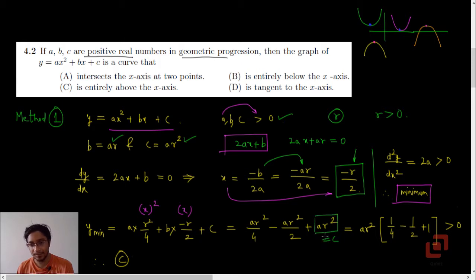So it is going to be ar squared by 4, and because we have the product of b and x, it is ar into minus r upon 2, or effectively minus ar squared by 2. If you want you can take ar squared common, then inside the bracket you will have 1 upon 4 from the first, minus 1 upon 2 from the second, and 1 from the third.